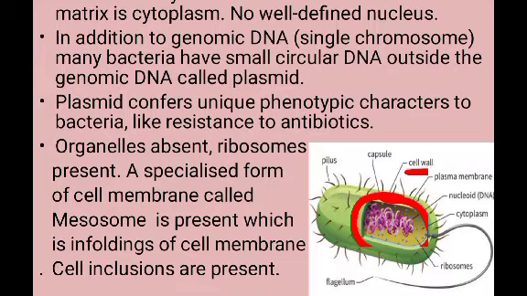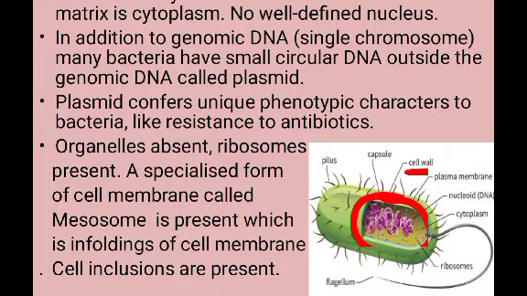The region where the genetic material is present is said to be the nuclear region or nucleoid. It has a genomic DNA in a single chromosome. What you are seeing here is the single chromosome. Generally the prokaryotic cells have a single chromosome, and in that chromosome the genomic DNA will be present.